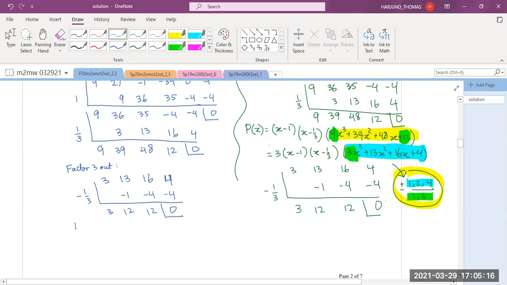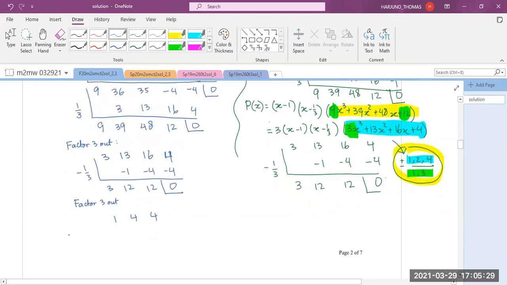And we still can factor 3 out here. Right? So we get 1, 4, 4. In fact, at this point, we can already write that this is basically x squared plus 4x plus 4, which is equal to x plus 2 squared. Right?